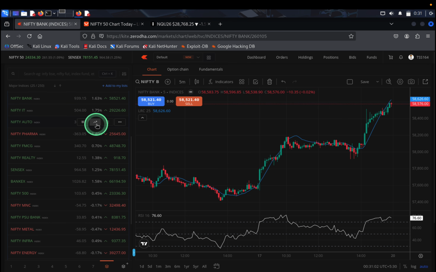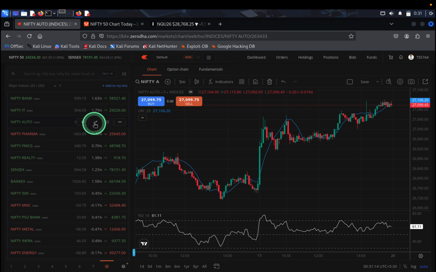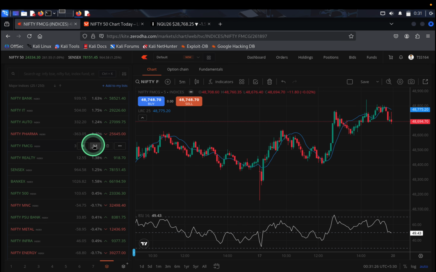Nifty Bank is also having a nice historical chart. Nifty IT, a bit of resistance at the top. Nifty Auto, consolidating at the top. Nifty Pharma faced a rejection after a huge trending environment. FMCG is also consolidating.